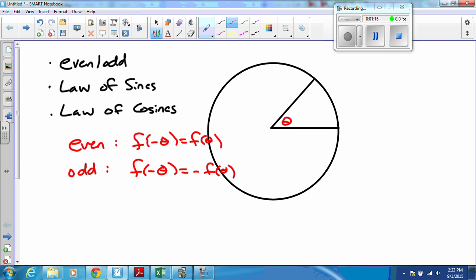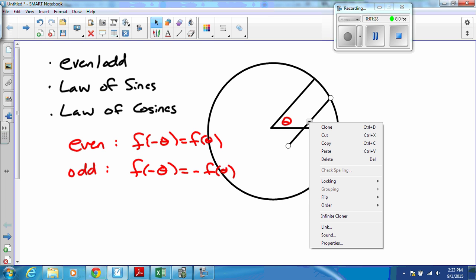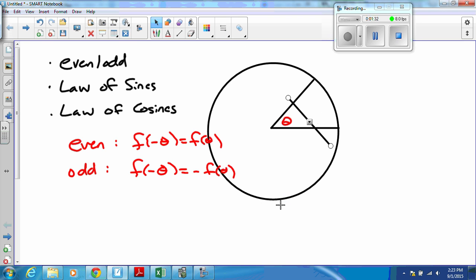So what we need to do to test even and odd behavior is to construct the angle negative theta. And we're going to do that by reflecting the angle theta about the x-axis.